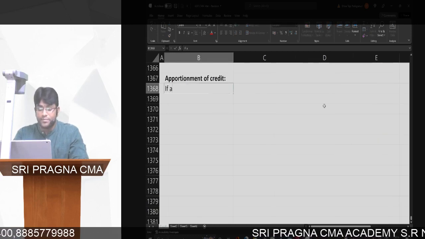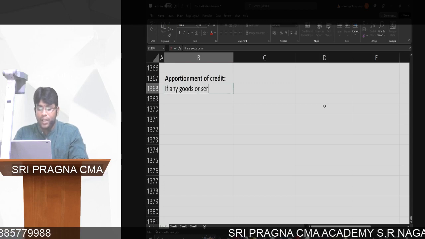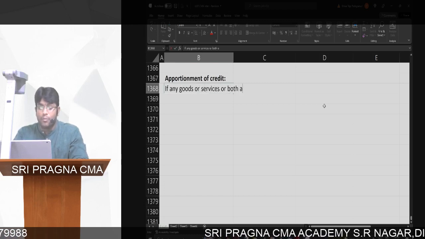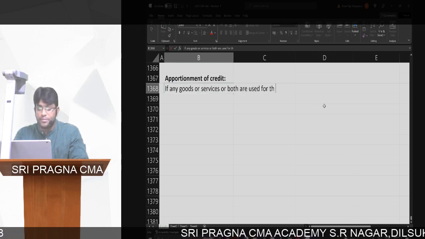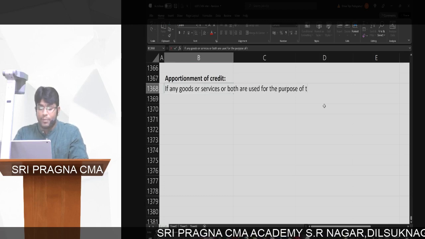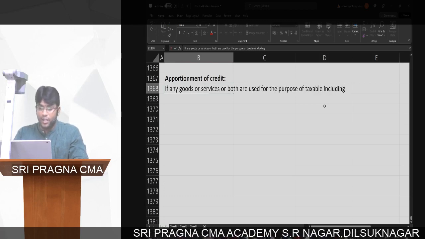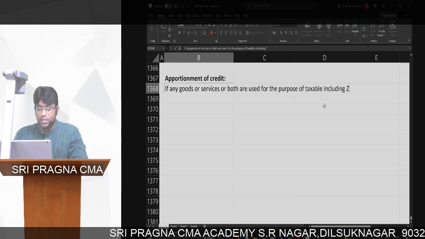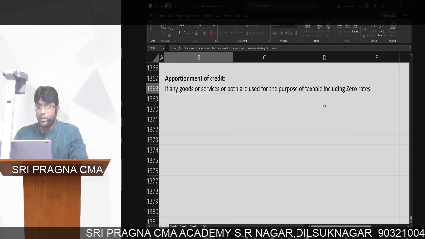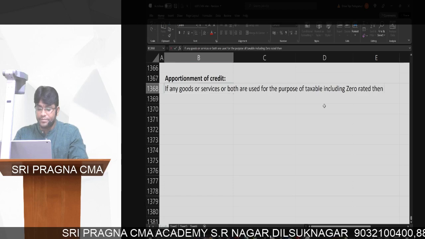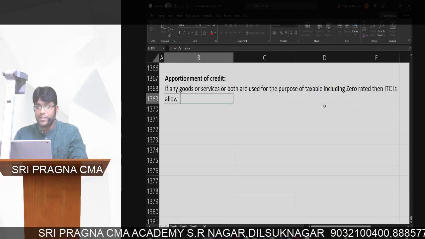Now listen here. If any goods or services or both are used for the purpose of taxable, including zero rated, then ITC is allowed.